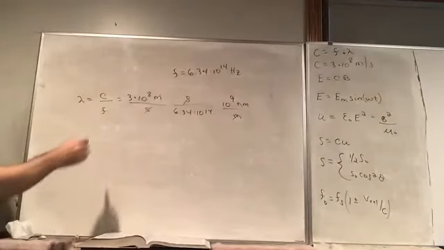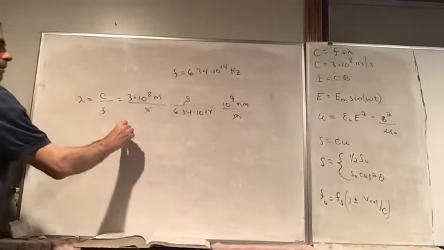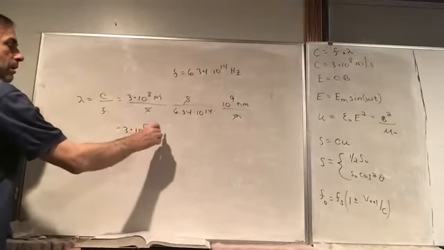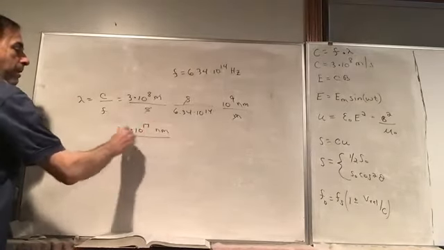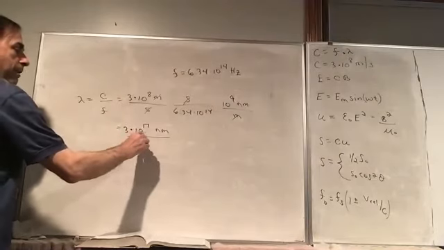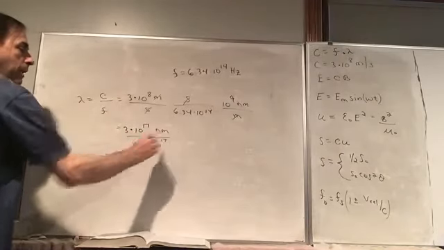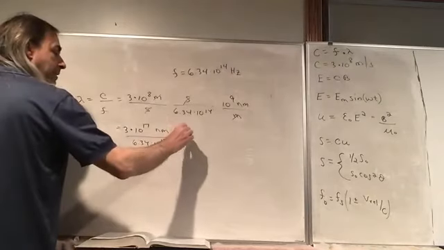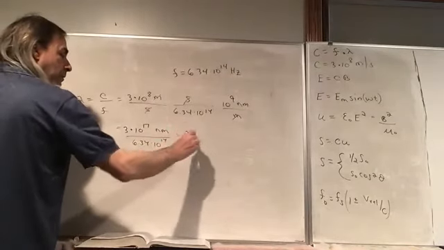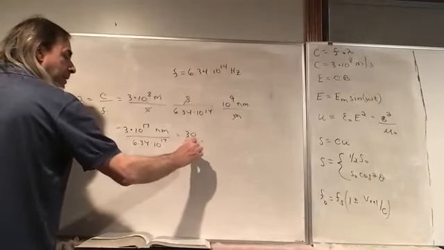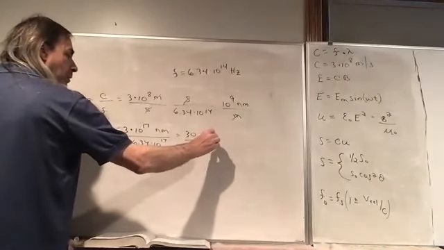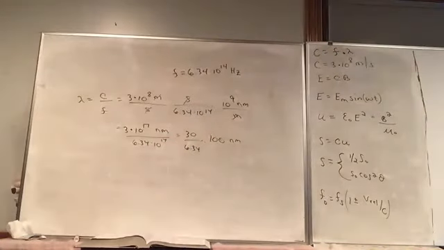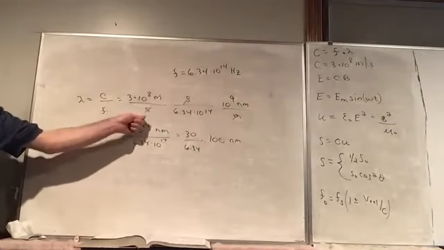So what we're going to have is 3 times 10 to the 17th power nanometers over 6.34 times 10 to the 14th. So I'm going to write this as 30 divided by 6.34 times 100 nanometers. So to get 30, it took 10 from here.